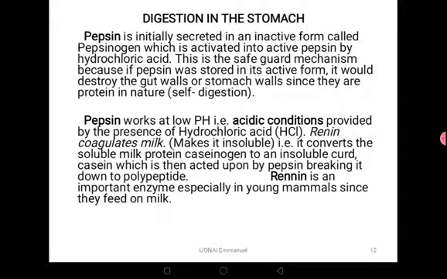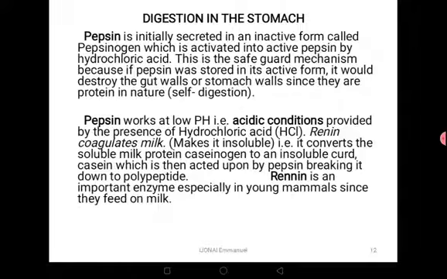Pepsin is initially secreted in an inactive form called pepsinogen, which is activated into active pepsin by hydrochloric acid. This is to safeguard the mechanism, because if pepsin was stored in its active form, it would destroy the gut walls or stomach walls, since they are also protein in nature.